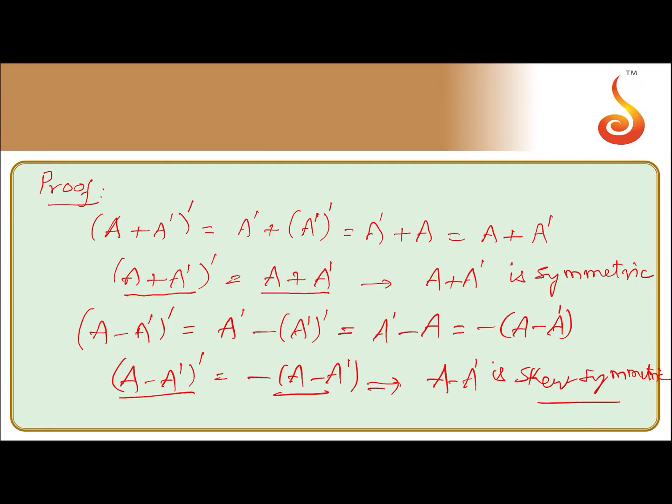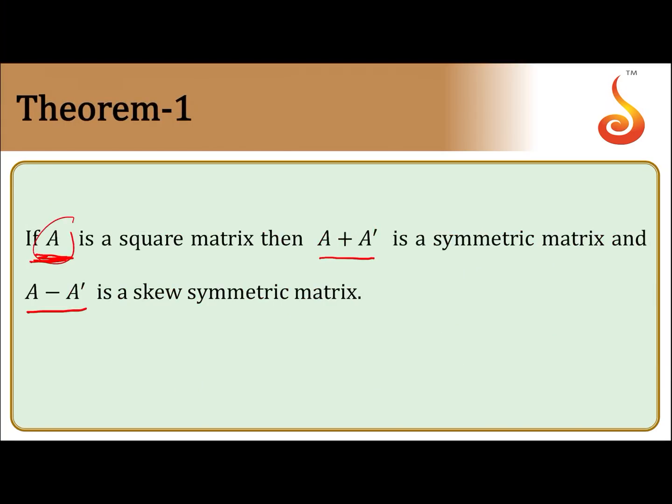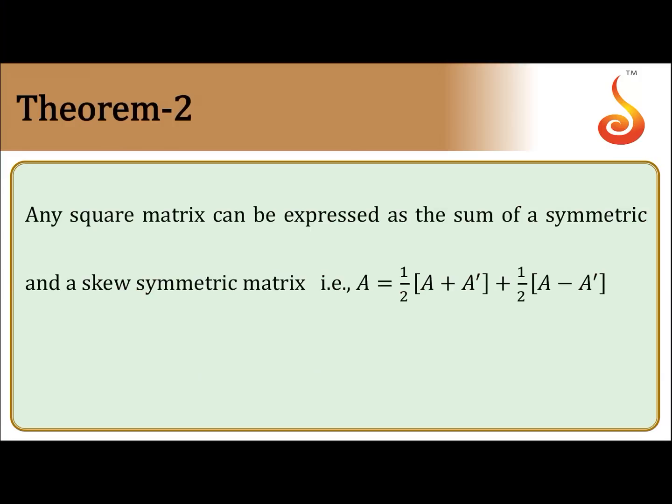Hope you understood. If a matrix's transpose is the matrix itself, that is a symmetric one. So A plus A transpose is symmetric, and A minus A transpose is skew symmetric. So if A can be any square matrix, this will be a symmetric matrix and this will be a skew symmetric matrix. Hope it's clear. Let us proceed to the next one.